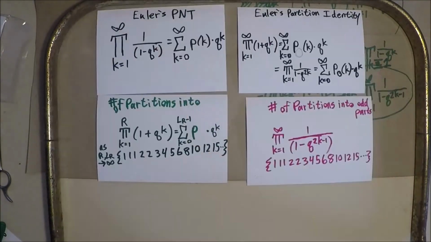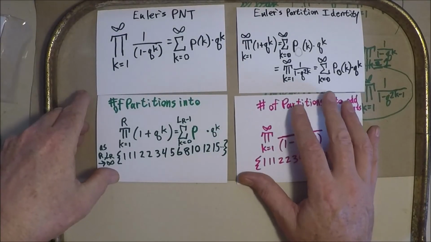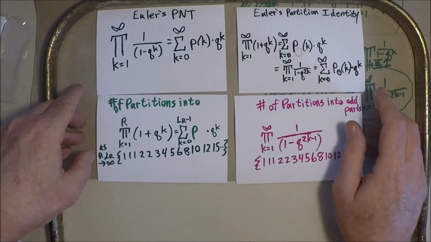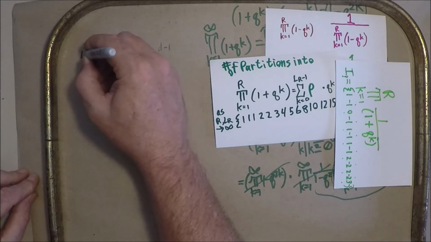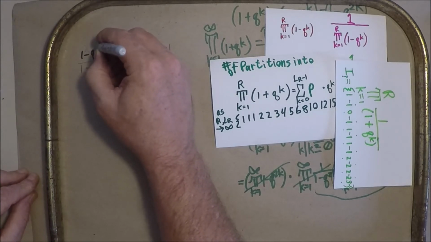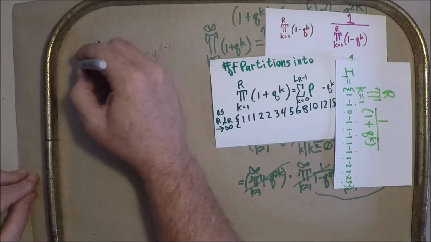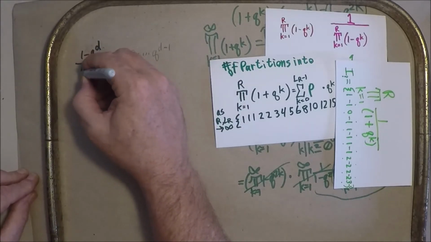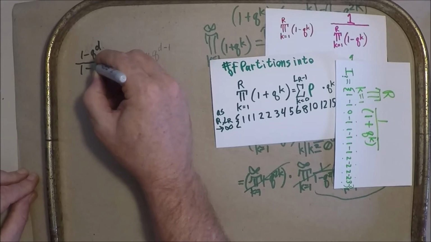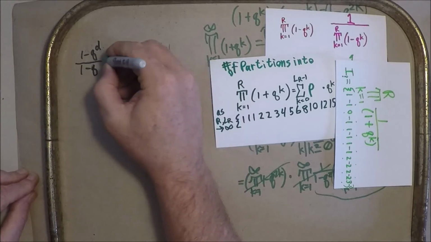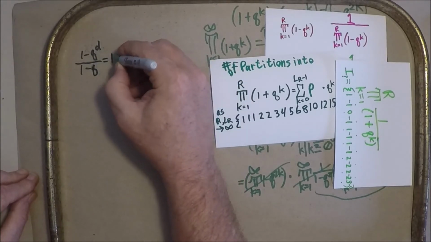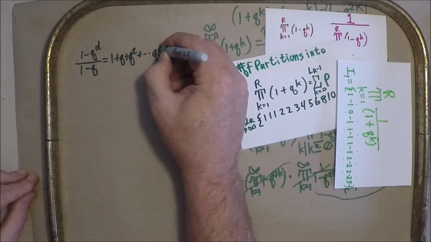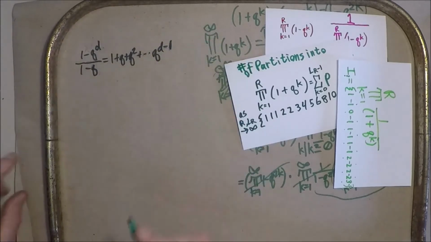And the answer lies with the geometric series identity. By the geometric series identity, 1 minus q to the d, for any integer degree d, over 1 minus q equals 1 plus q plus q squared up to q to the d minus 1.